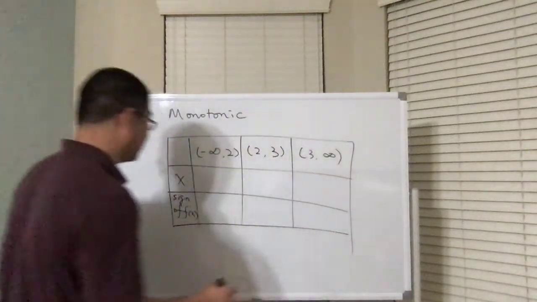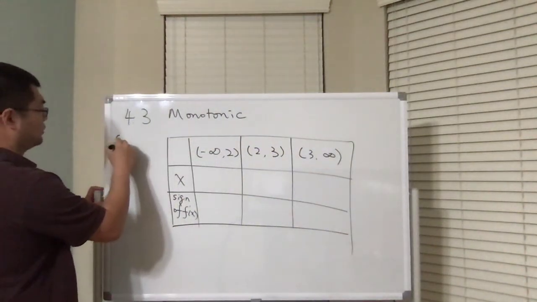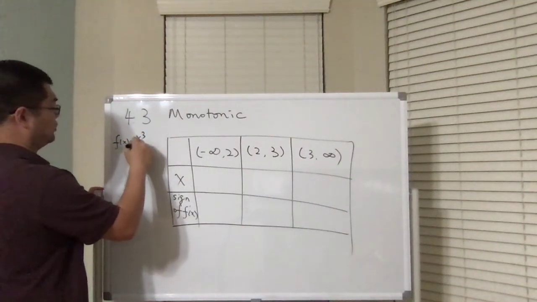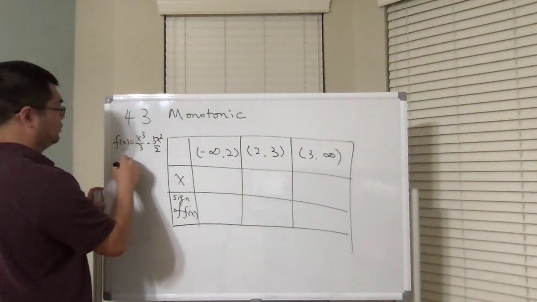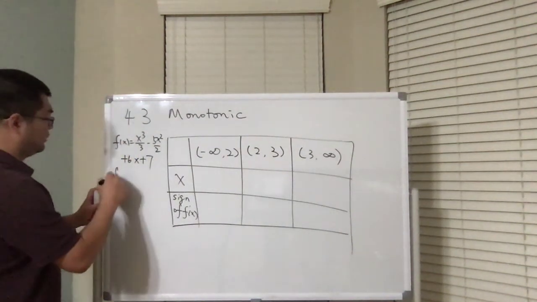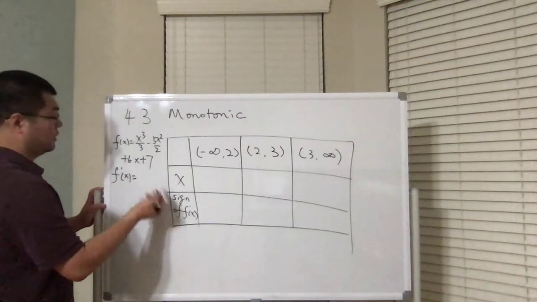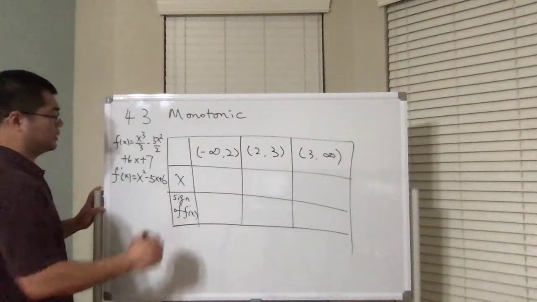Remember the original problem is x cubed over 3 minus 5x squared over 2 plus 6x plus 7, and the first derivative is x squared minus 5x plus 6.